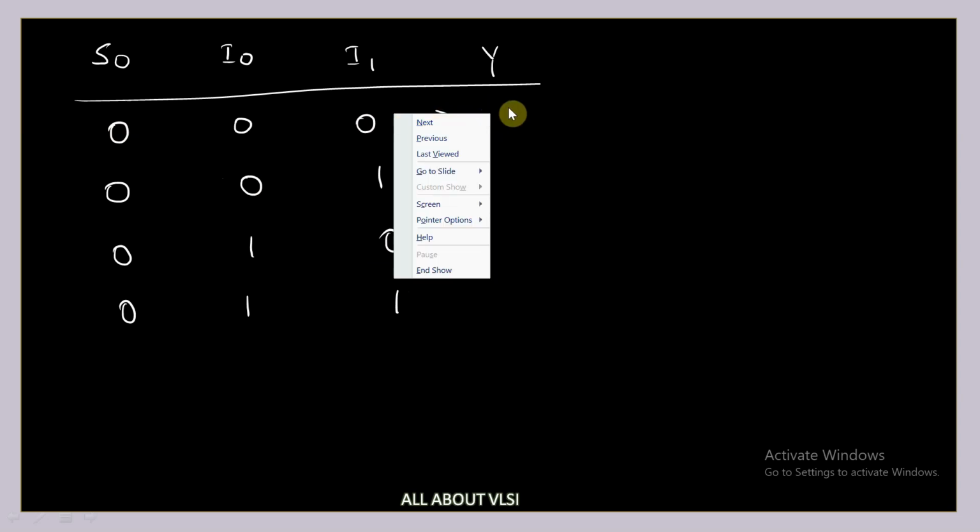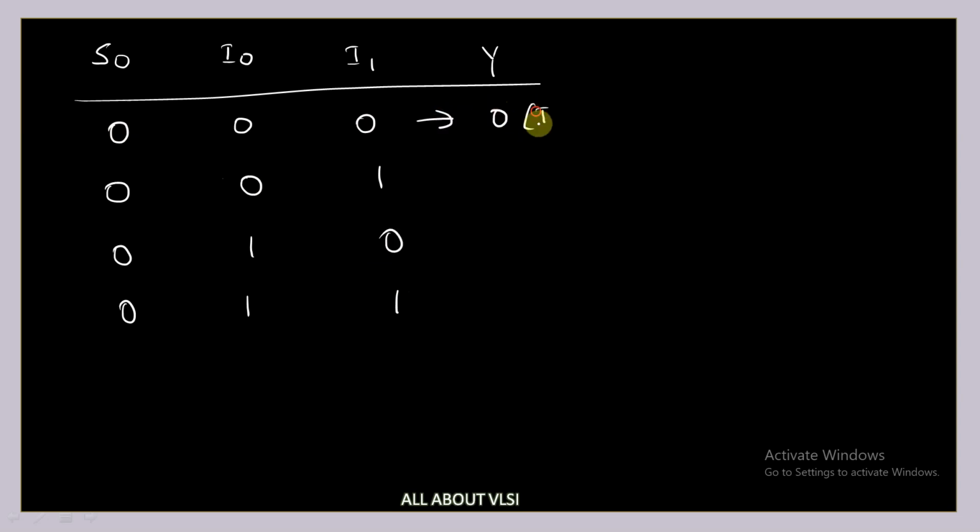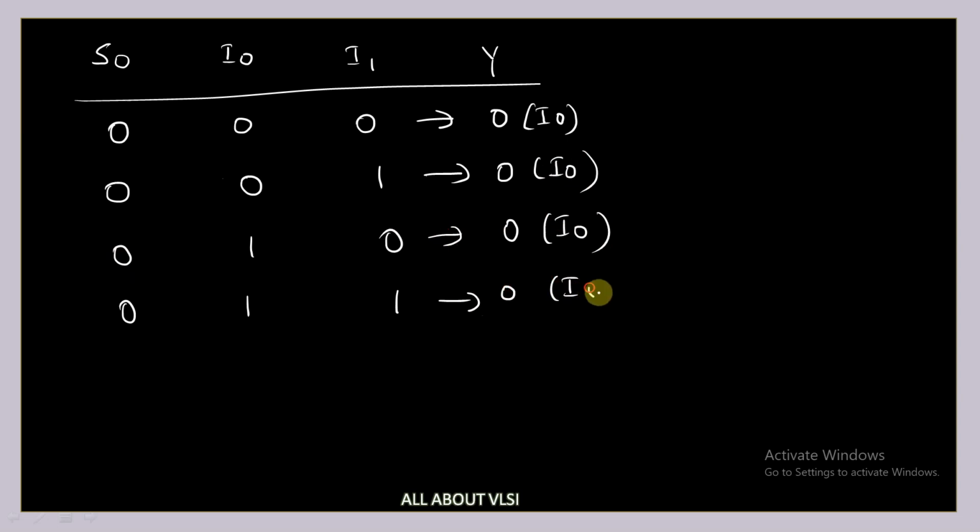That is I0 will be given at your output. Okay. And if your select line is equal to 0, then also I0 only is given. And if your select line is again 0, it is going to give I0 only, and here also it is going to give I0 only. Okay.